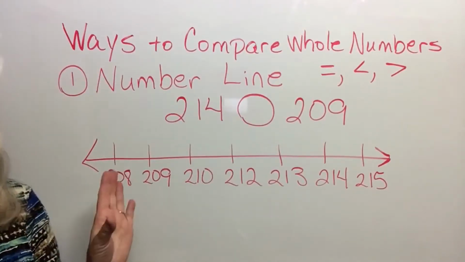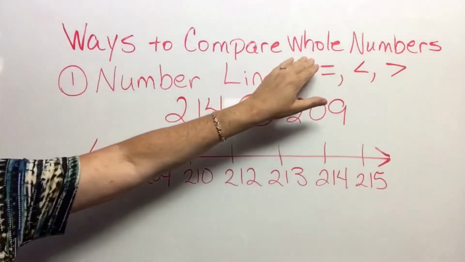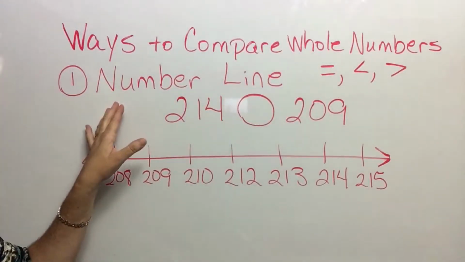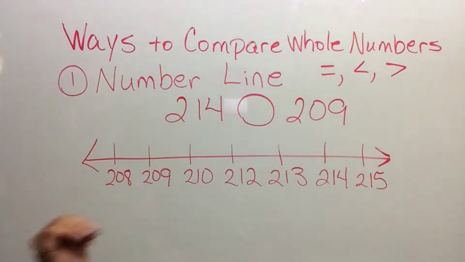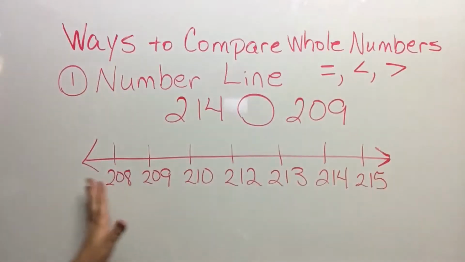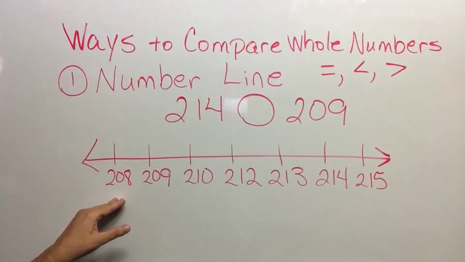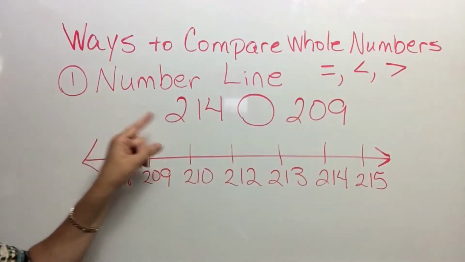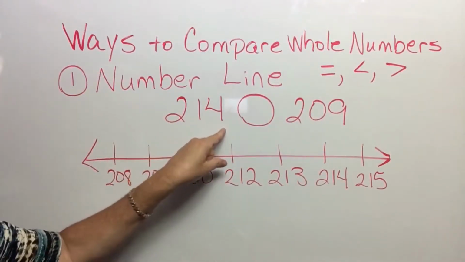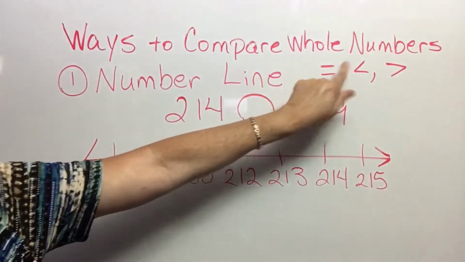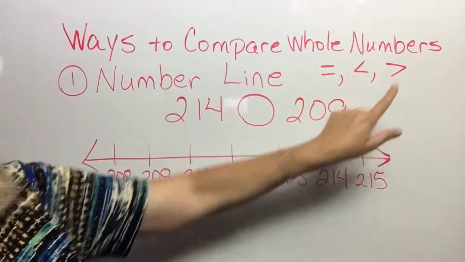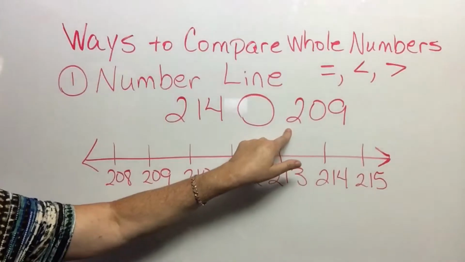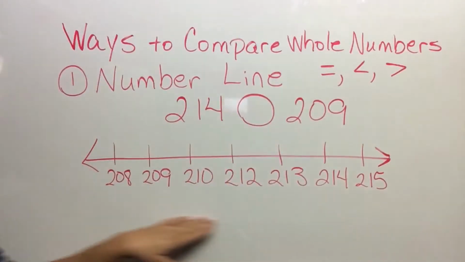One way that we can compare whole numbers is to use a number line. Numbers to the right are greater than numbers to the left. Numbers to the left are less than the numbers to the right. So if we want to know if 214 is equal, less than, or greater than 209, we can look at our number line.